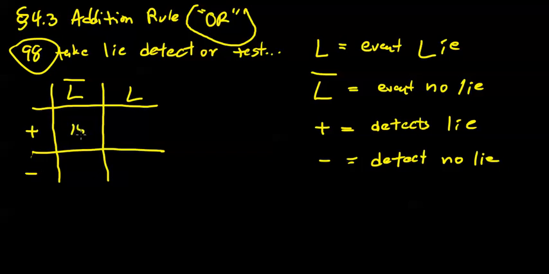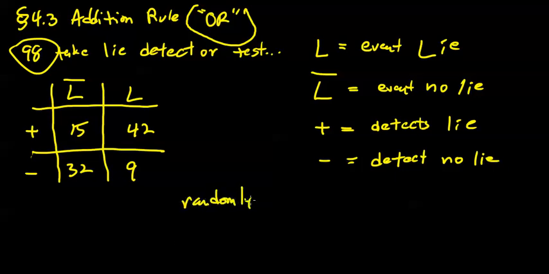And I'll fill in the numbers like so. Alright, so we've got liars and not liars cross-referenced, and those for which the lie detector found lies or not cross-referenced also.